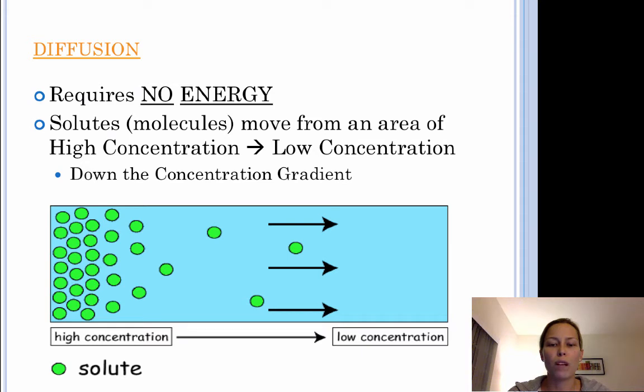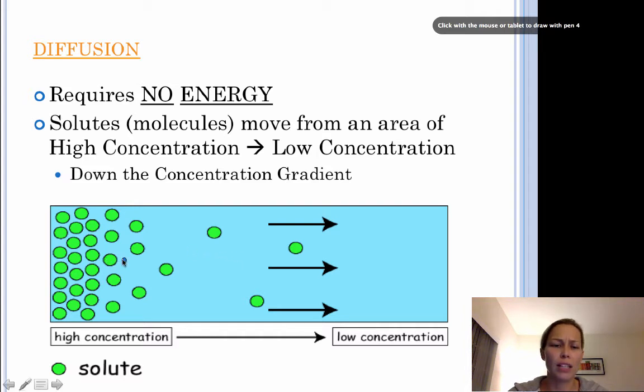Diffusion is the movement of solutes or particles from an area of high concentration to an area of low concentration. It requires no energy. So all of the forms of passive transport will not require any energy.